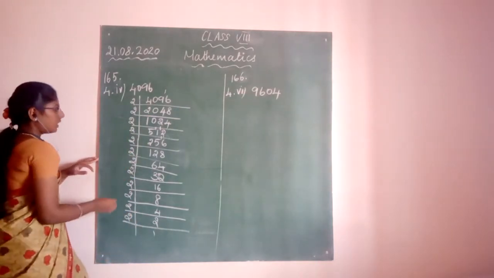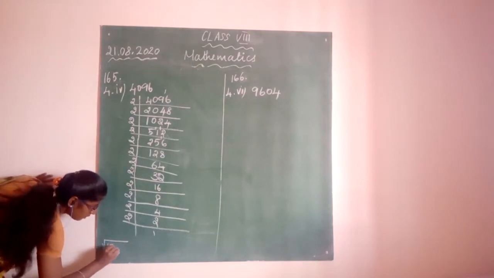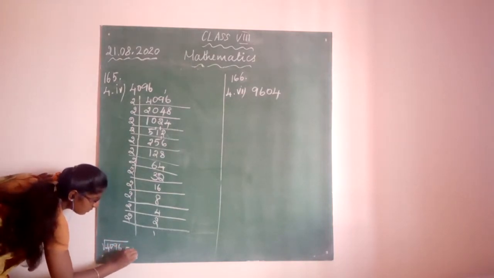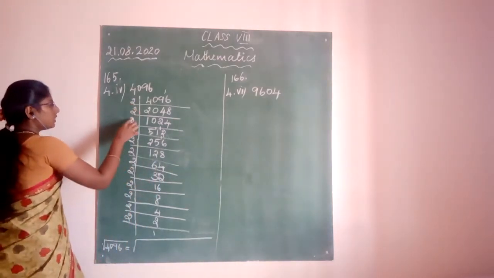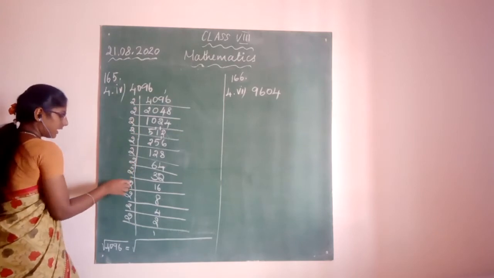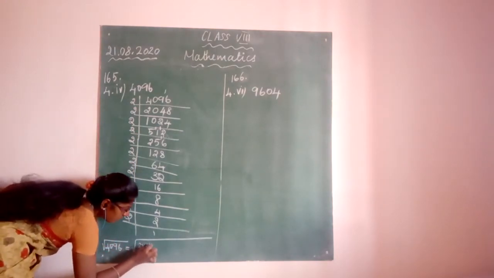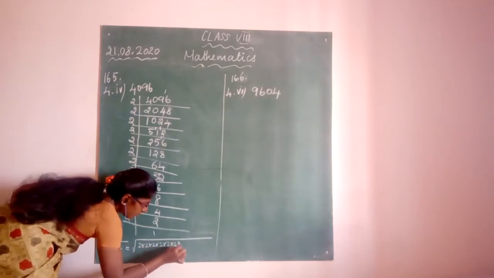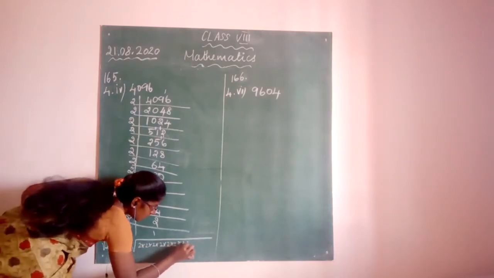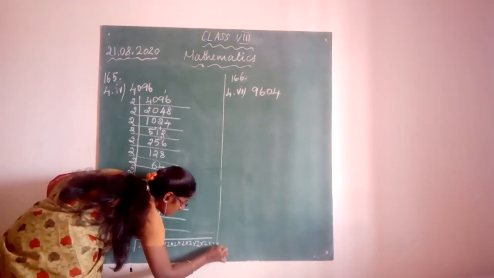Okay, so now you can write root of 4096 is equal to root of, how many 2s you have? 1 2 3 4 5 6 7 8 9 10 11 12. Okay, so write 2 into 2 into 2 into 2 into 2 into 2 into 2 into 2 into 2 into 2 into 2 into 2.